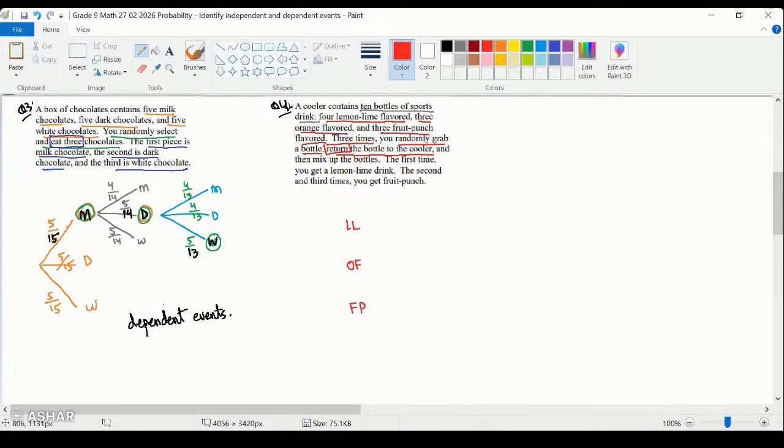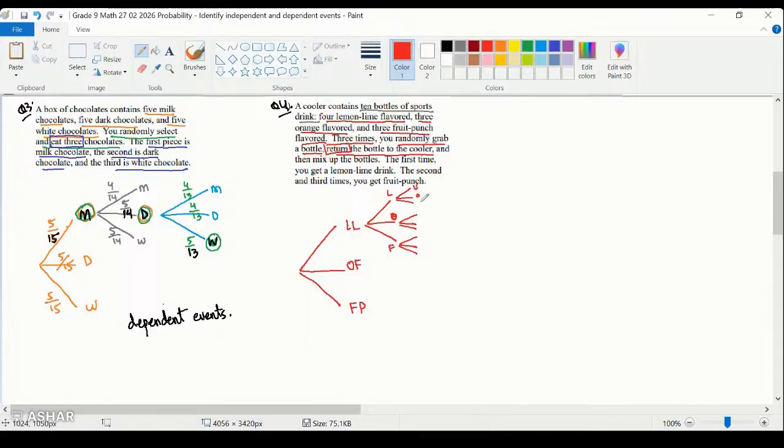I can make the tree diagram to explain you. This would be a very messy diagram. I say lemon, orange, and fruit punch.